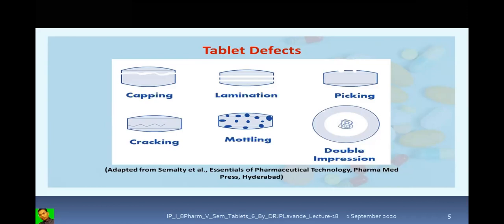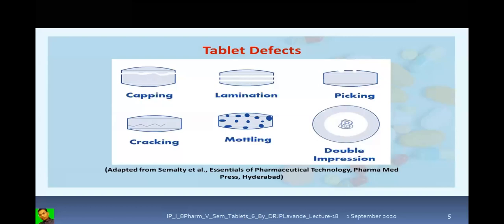Now, after going through this process of compression and consolidation, we went through the different kinds of tablet defects, in which we saw there is capping, lamination, picking, cracking, mottling, and double impression. Now, as far as all these defects are concerned, these are due to certain properties.